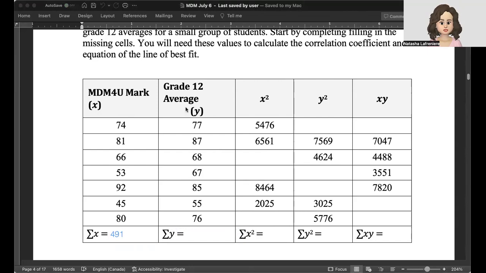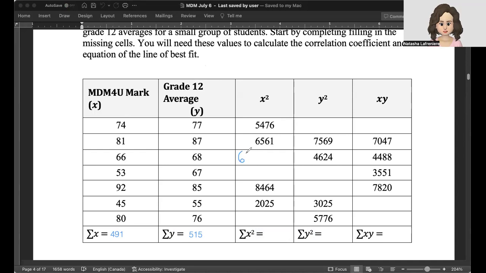You've got your grade 12 average. Again, you add up your totals, which would be 515. Your x squared is just going to be this squared. I'm going to use my drawing pen for this one.